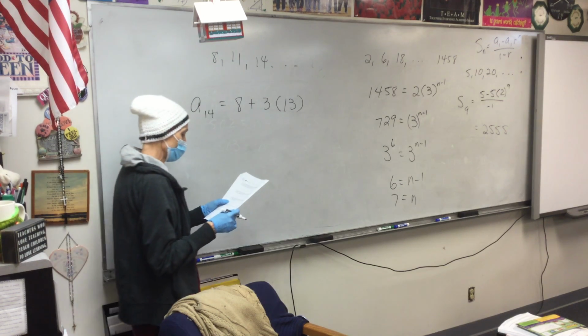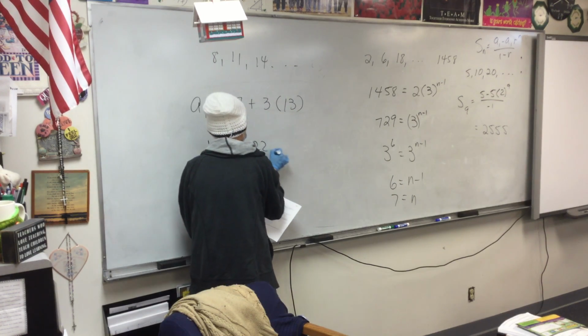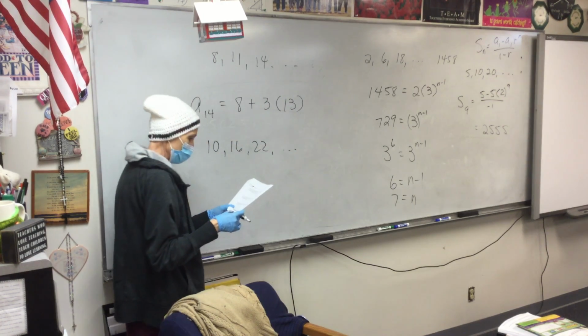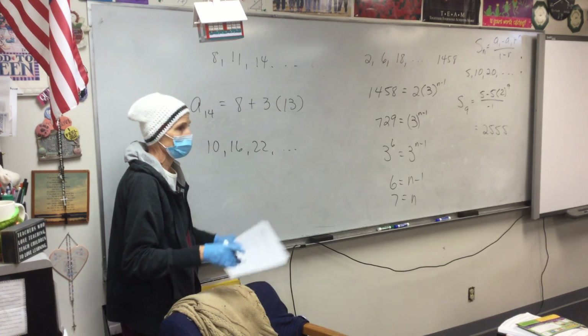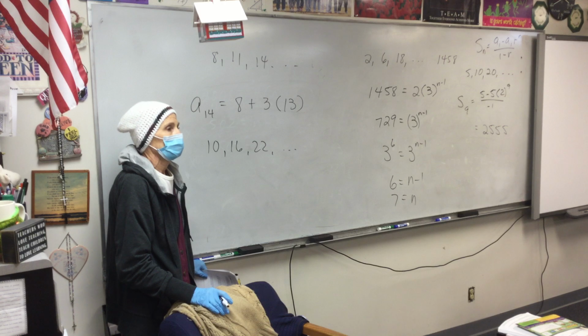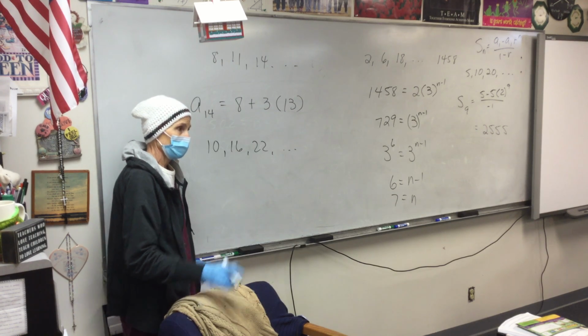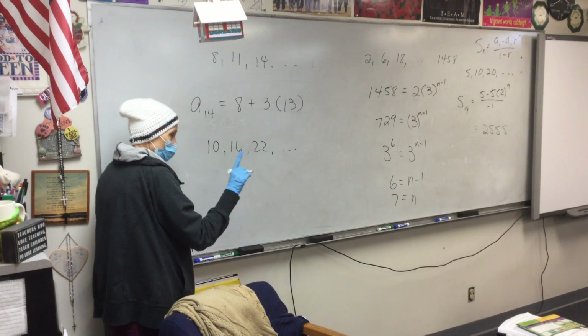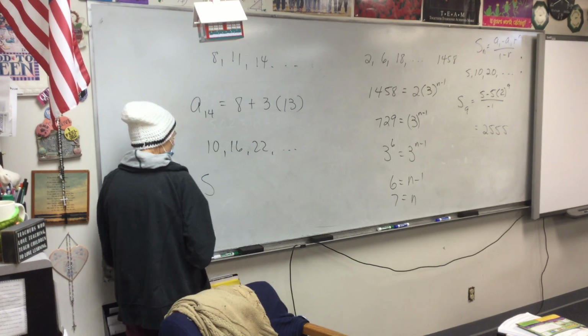Francis gained 10 votes, 16, 22. How many votes will she have garnered altogether if the contest runs for 90 days? We want a sum, right? And it is what kind? Arithmetic. All right, now this is what I was talking about yesterday, because watch this. I want a sum.